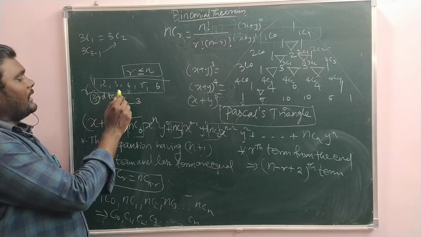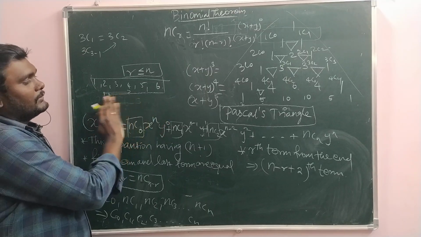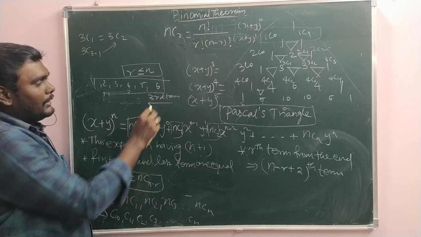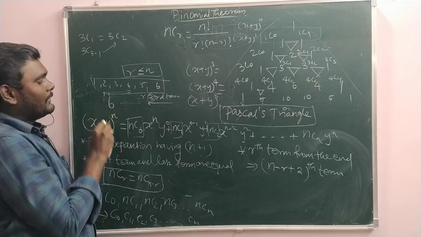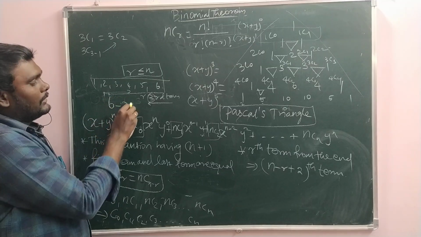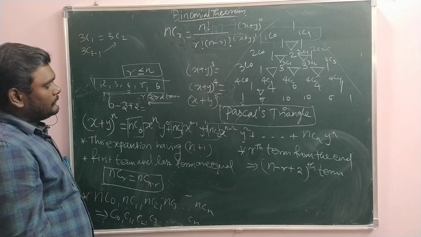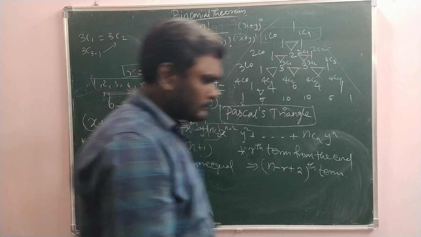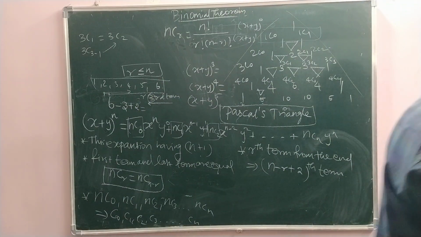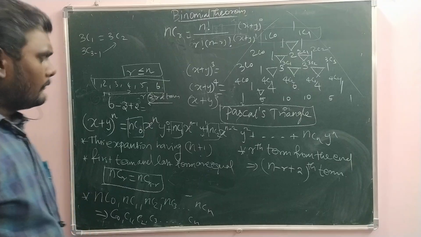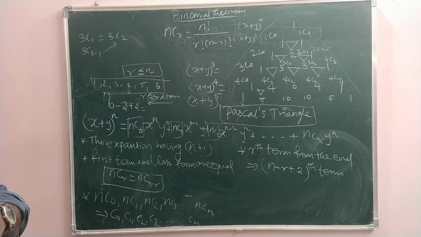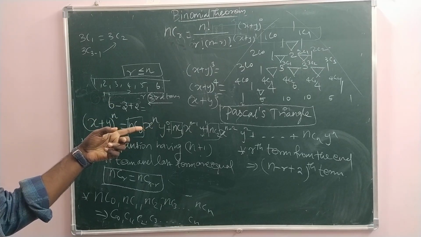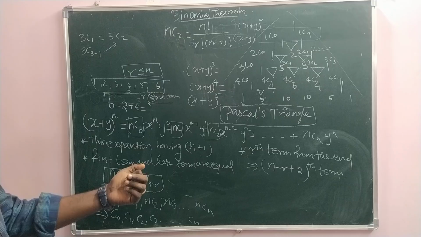Third term from the end. Oh, the arrow mark you confused. Third term from here, then this is what r value will take. Totally 6 terms are there. We are looking for n minus r plus 2. Yes, 5 is coming. Third term from the end is 4 only we have. Totally 6 terms. Did I miss anywhere?